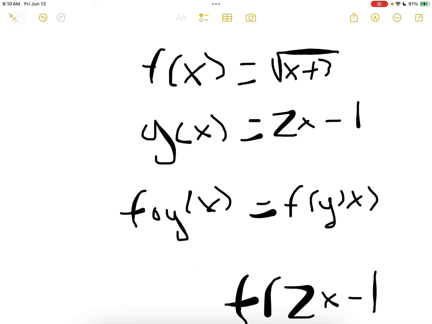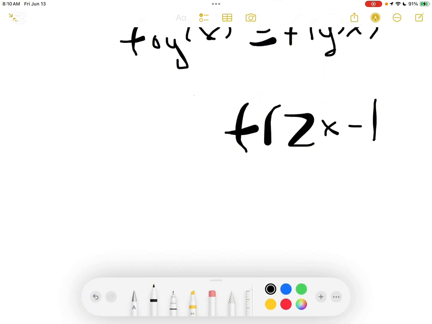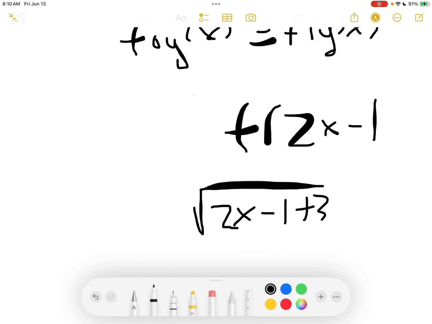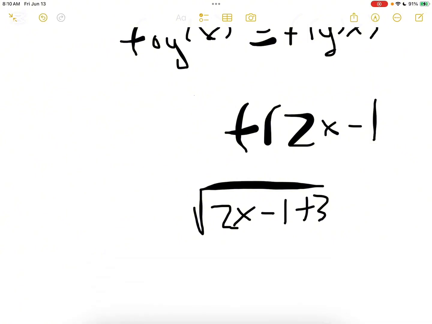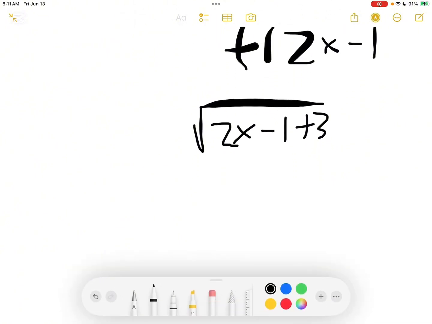So if this is what represents our x, then we need to factor this into that. So really, this comes out to be square root 2x minus 1 plus 3. Now, what we can do from here is combine like terms.